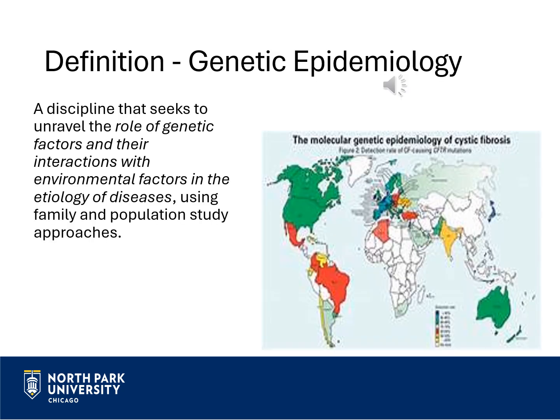Earlier in this course, we introduced the discipline of epidemiology, and we mentioned at that time that there were specialty fields of interest within the broader field of epidemiology, and certainly genetic epidemiology is one of them. Here is a map that shows the genetic epidemiology of cystic fibrosis.